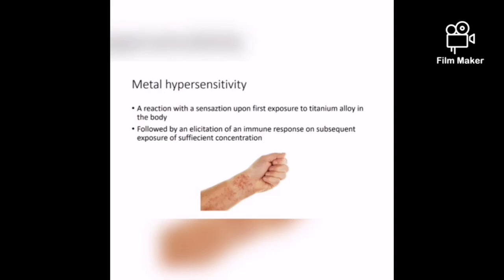This is not strange, because it is an immune response. However, the results can be very severe, such as rashes, severe pain, and swelling, because of the human body's response towards the presence of metal in the body.